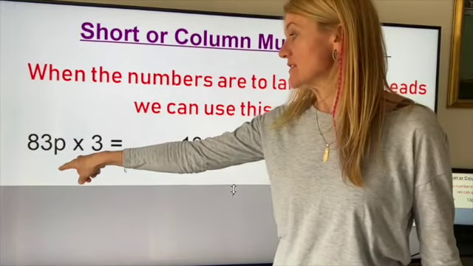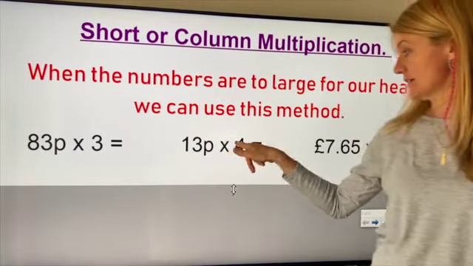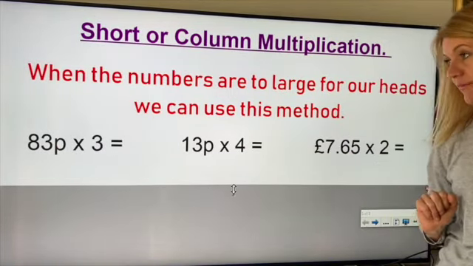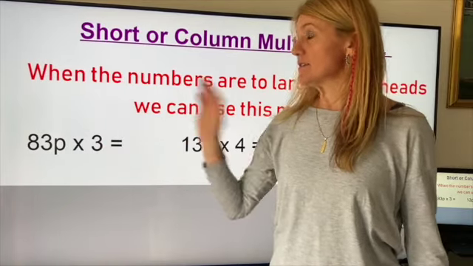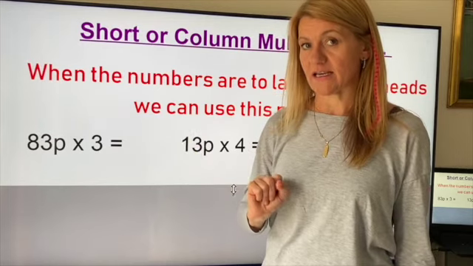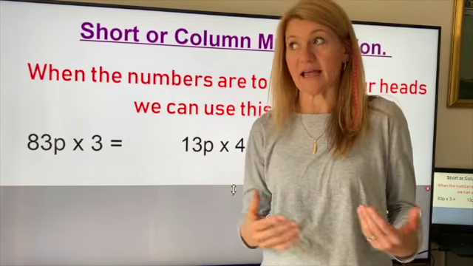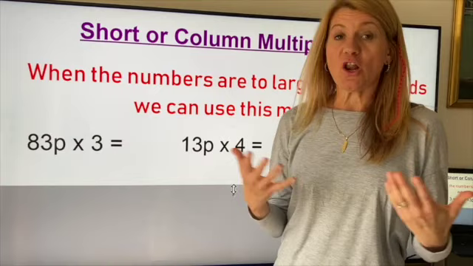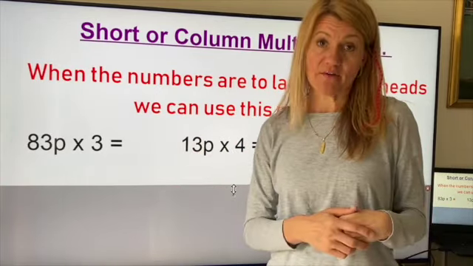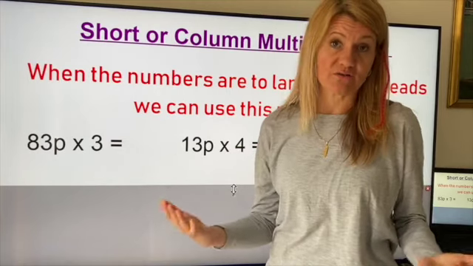You will notice that we are using P for pence, and here we have a pound sign. So our first calculation is 83 pence times 3. All right, so that would mean, let's say, a loaf of bread that cost 83p, and we want 3 of them. So 83p times 3.